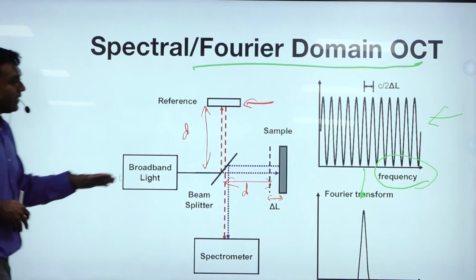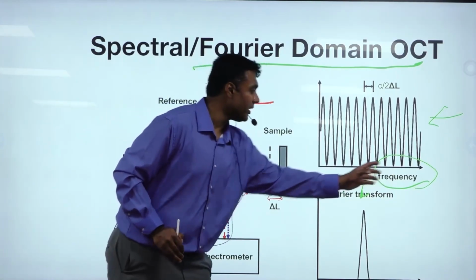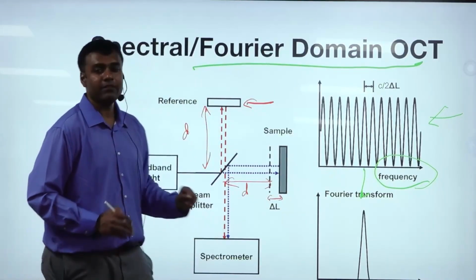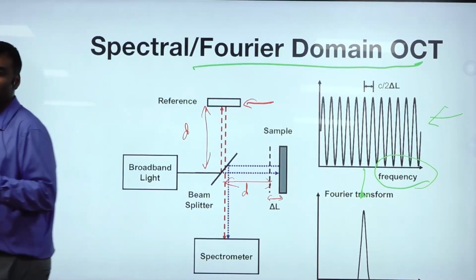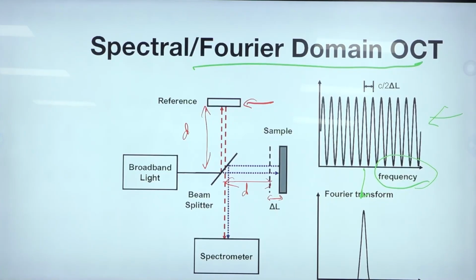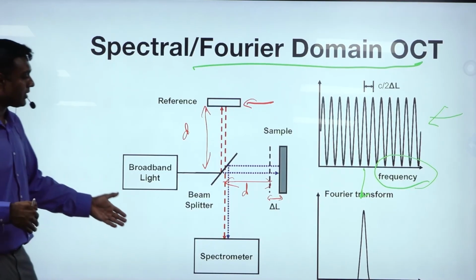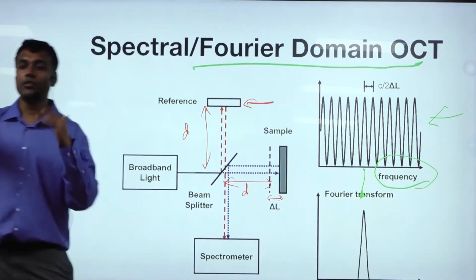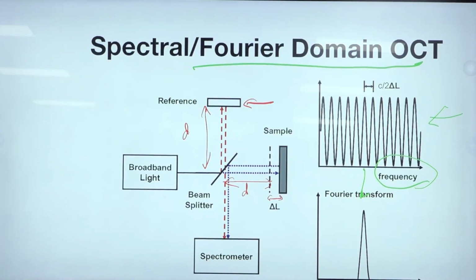So you collect data in the frequency domain as a function of wavelength or wave number. Let's say wavelength, and then 1 divided by wavelength is wave number. Collect data as a function of frequency, and then take the Fourier transform, and you will get the location of your reflective layer.